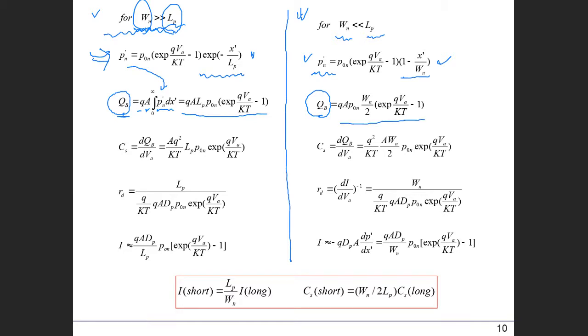Now, based on the definition of capacitance, when you apply an outside bias, how this charge is going to change. So the derivative of QB with respect to dVA gives us this stored capacitance.